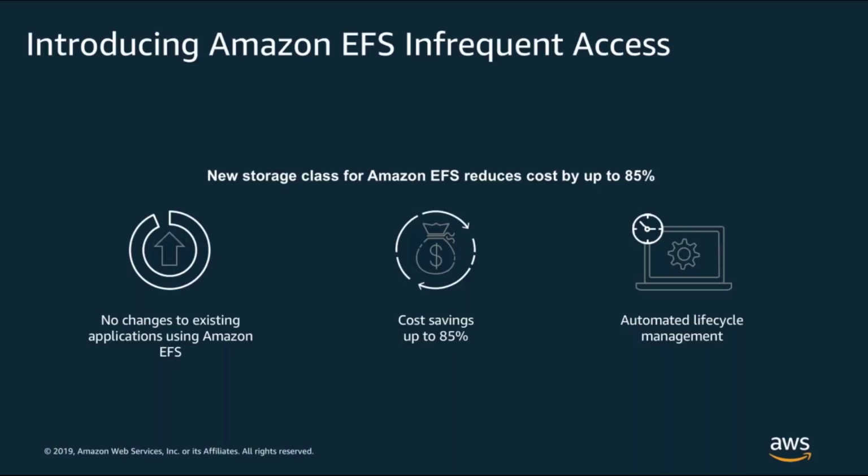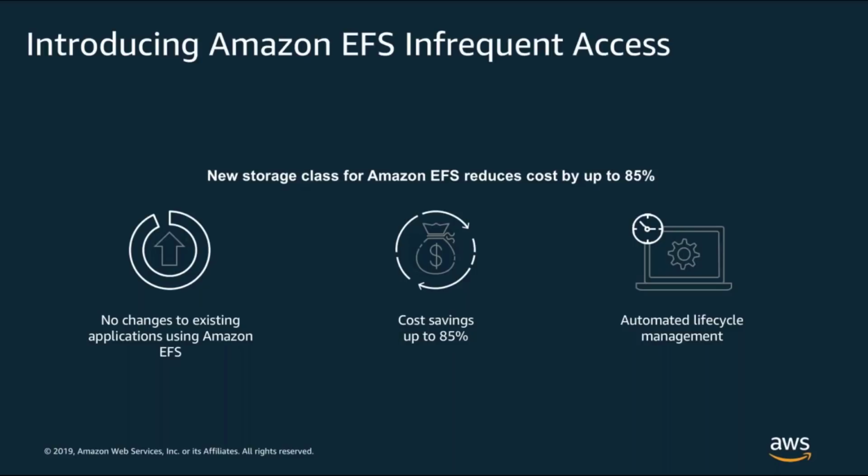Customers can use EFS IA to cost effectively store larger amounts of data in their file systems. And by doing so, expand their usage of EFS to an even wider set of applications and data.